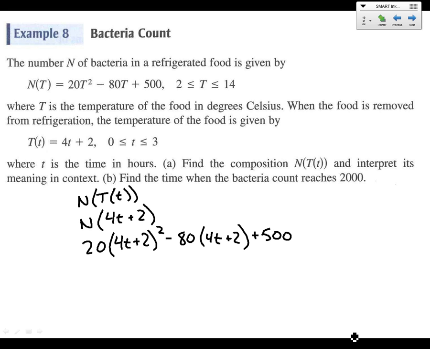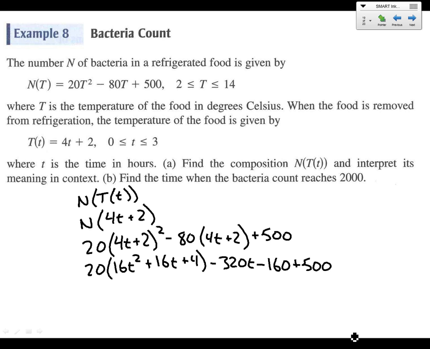Alright, so we've got some algebra to do here, but we can solve this. This is going to be 20 distributed over 16t squared plus 4 times 2 is 8, we'll double that to get 16t, plus 4, minus 80 times 4 is 320t, minus, distribute that negative, 160, plus 500.